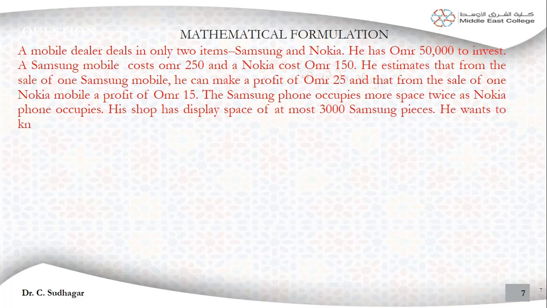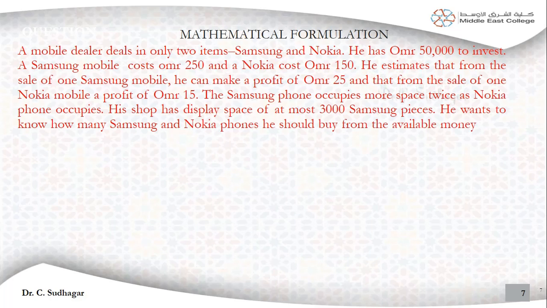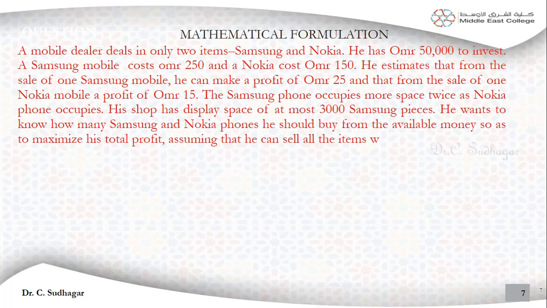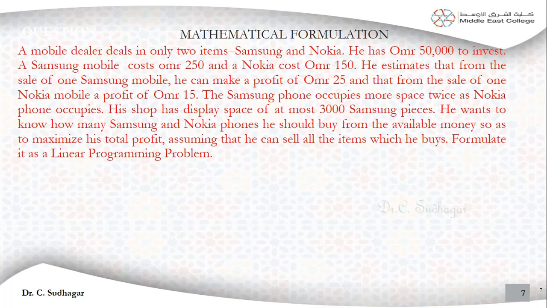The Samsung phone occupies twice the space a Nokia phone occupies. His shop has display space of at most 3000 Samsung pieces. He wants to know how many Samsung and Nokia phones he should buy from the available money so as to maximize his profit, assuming that he can sell all the items which he buys.